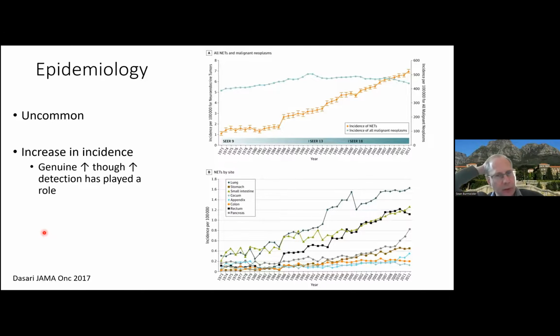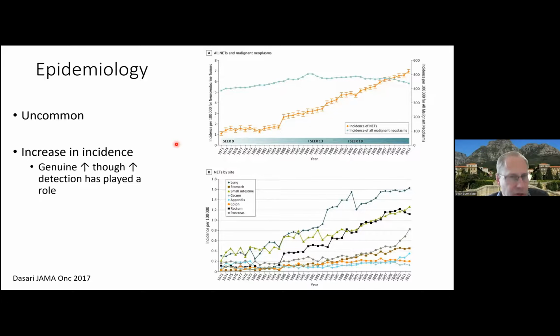so just in terms of epidemiology, I think this is quite a striking slide, or two quite striking slides. As we said, these are supposedly uncommon tumors, but if we see how over the last few decades, from SEER data from the US, you can appreciate that the incidence of all malignant neoplasms has remained relatively stable, or at least a mild rise, whereas the incidence of neuroendocrine tumors is in stark contrast to that.